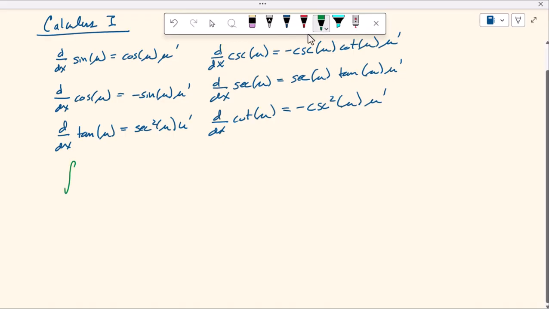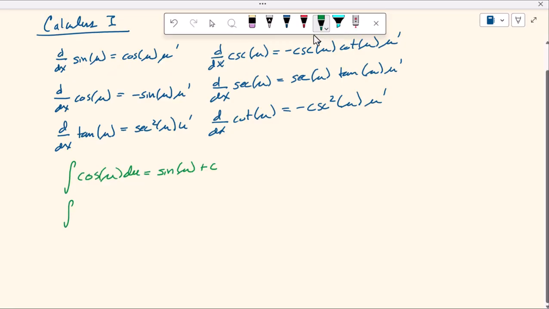The integral of the cosine of u du is equal to the sine of u plus c. Now a couple things to look out for. These are indefinite integrals, so that's why we have the plus c on here. So again, on this one, I integrated what we got for our derivative result, and I get the original back. So these are called antiderivatives.